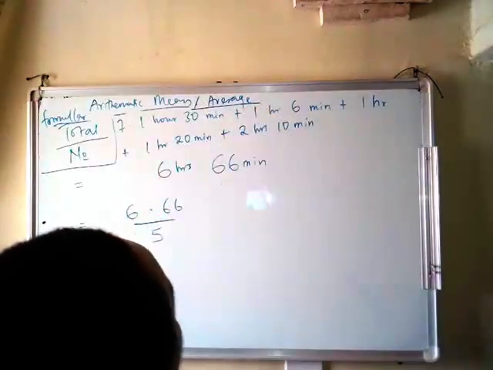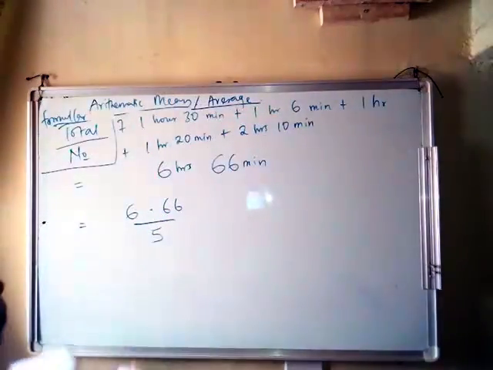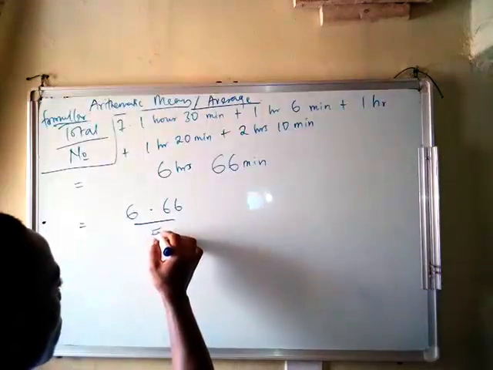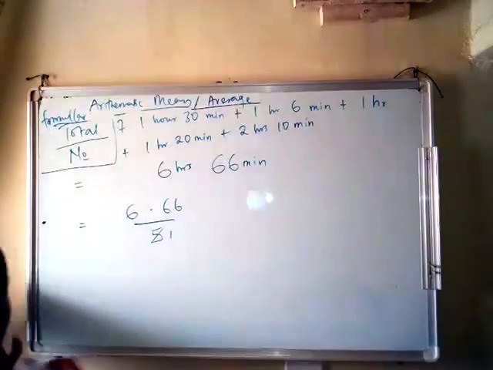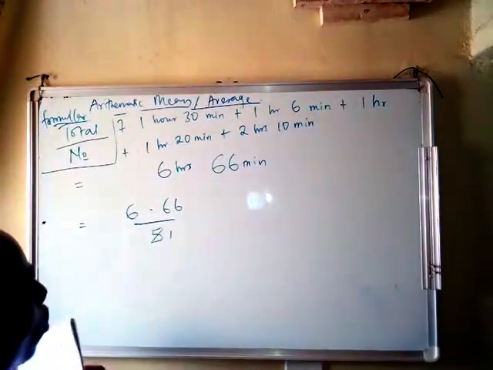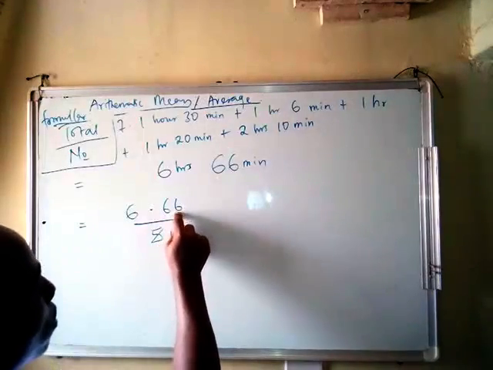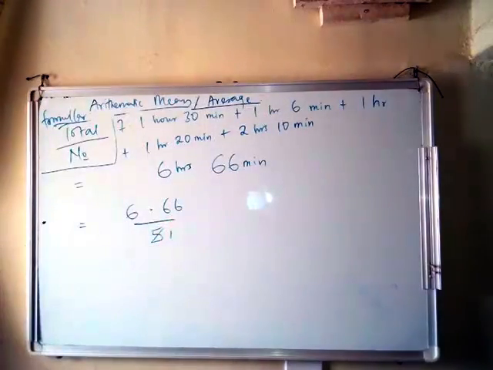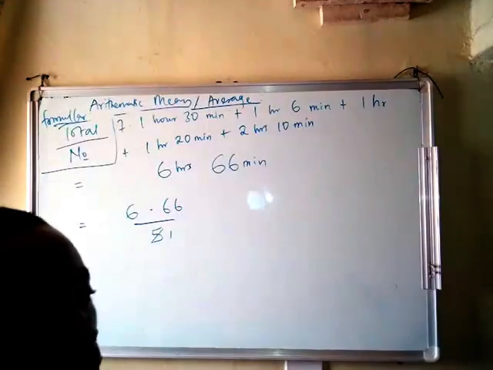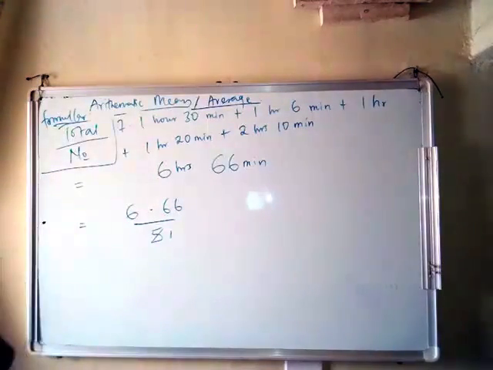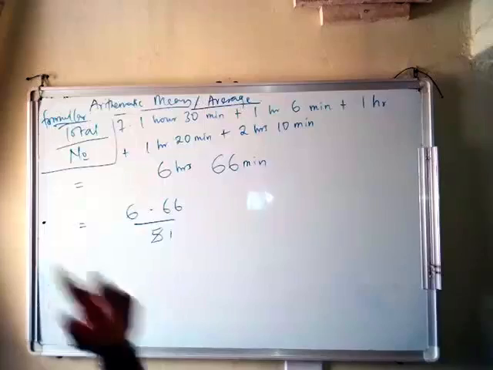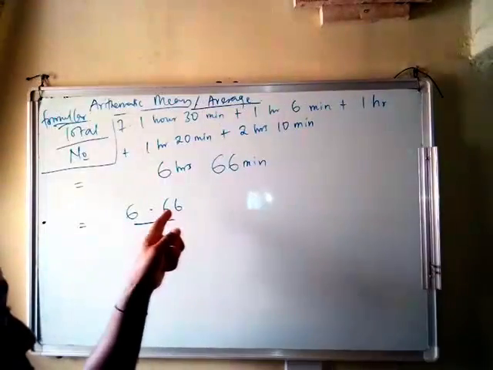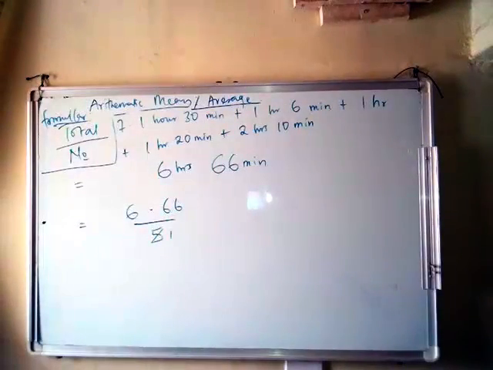So 5 here, 1. Now take note that this will not give us one single value because the last number here is 6. It's not 0 or 5. Remember, the determinant for any number to be divisible by 5 is that the last digit, whether a decimal or a whole number, must be 0 or what? 5. Good. So let's divide. 5 here, 1. 5 into 6 is also 1.